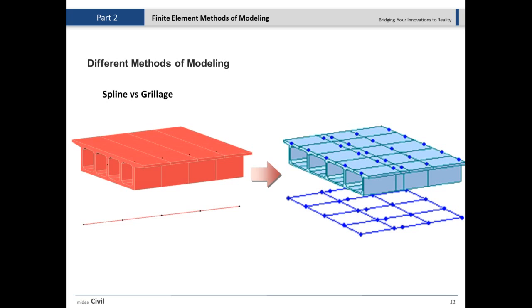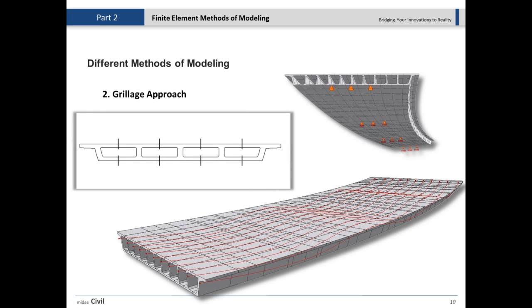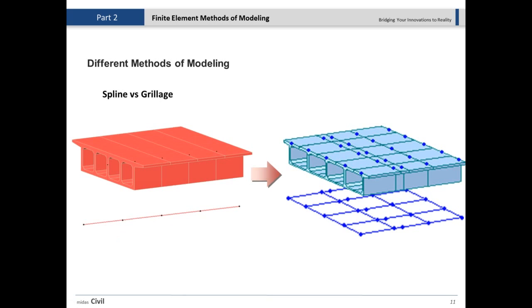And what can I do? I can model it with the grillage model. What the grillage model does is technically divide this into smaller pieces. So instead of having one line, I have 4 lines or 4 beams, connected with transverse beams as well, to make a grillage model for me. Alright, so this is for this type of bridges.